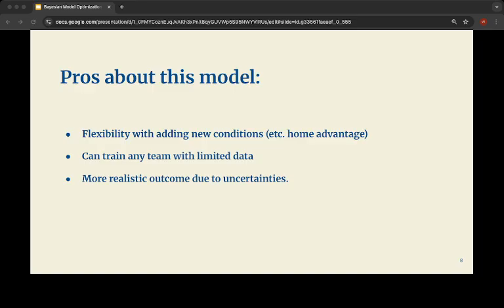So we can borrow information from the league-wide distribution to give a good estimate of the attack and defense power of low-data teams, and it also helps with overfitting to small sample sizes.